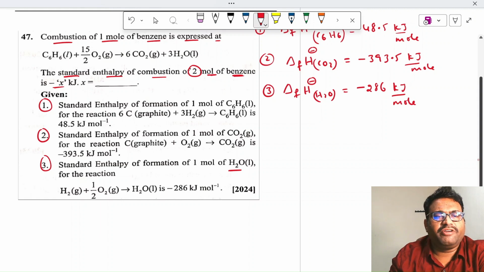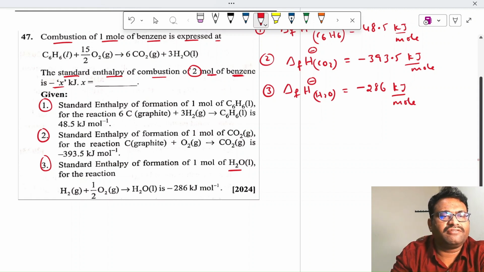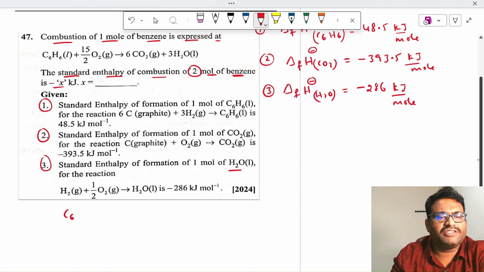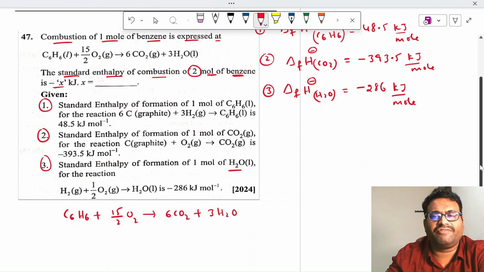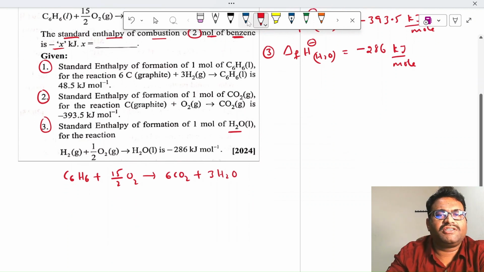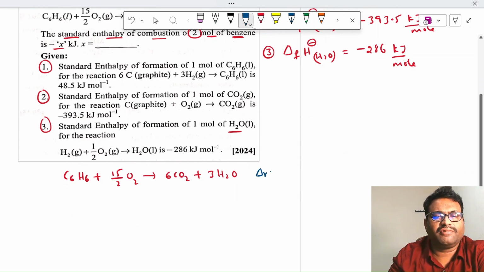So when enthalpy of formations are given and enthalpy of reaction is asked, for which reaction? For this reaction: C6H6 plus 15 by 2 O2 gives rise to 6 CO2 plus 3 H2O. For this, enthalpy of reaction is asked.